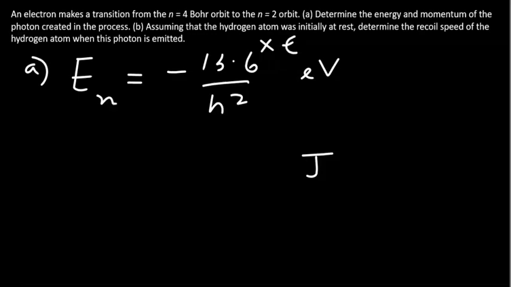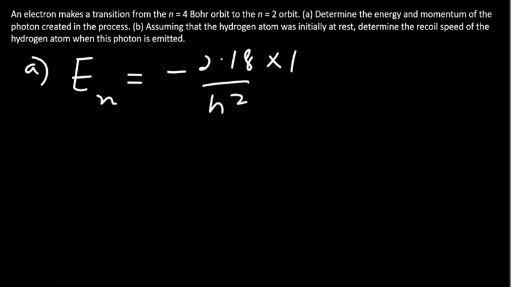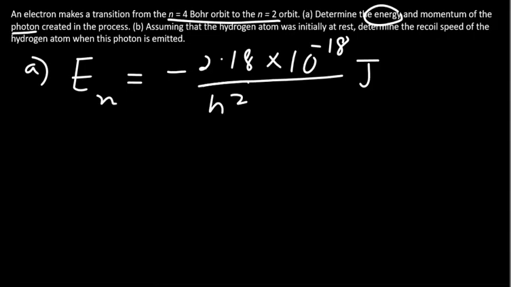And in that case you will get the following expression: minus 2.18 times 10 to the power minus 18 over n squared joules.